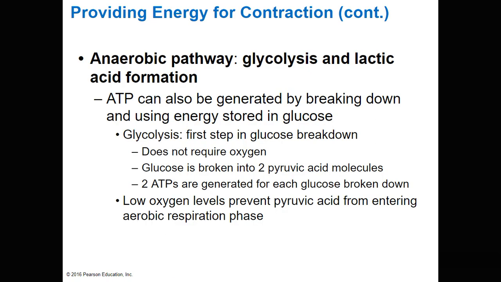So you can end up with essentially an anaerobic environment for your muscles when you're working out really, really hard. In that state, the only option your muscles have is to use the anaerobic pathway, and that's going to be through glycolysis.